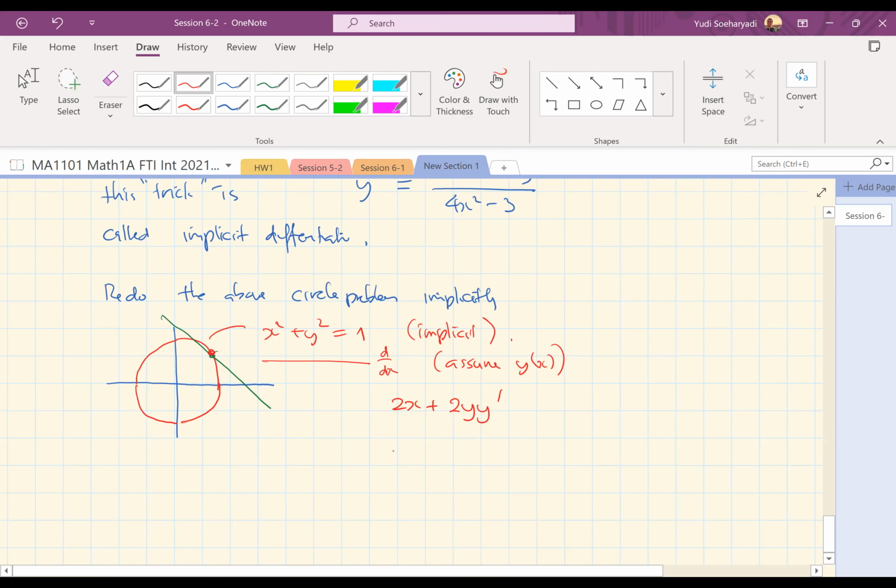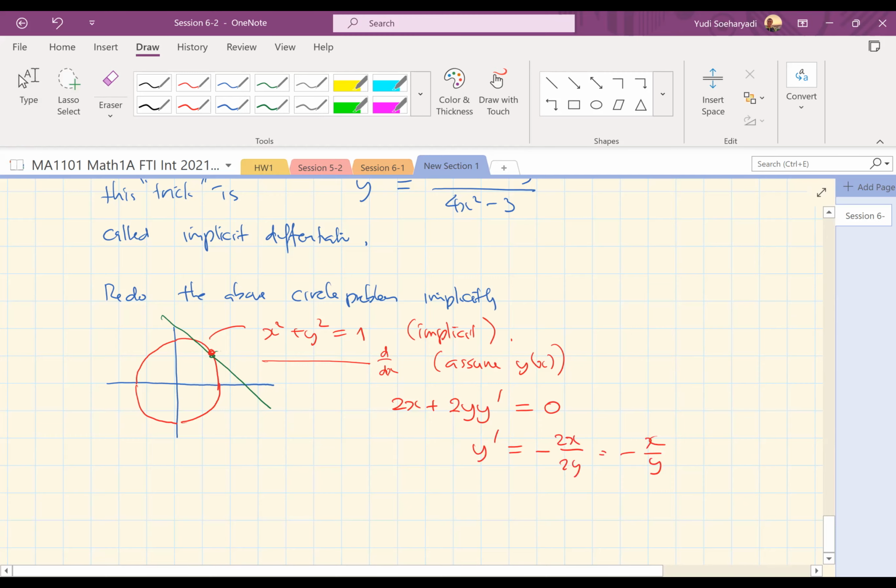Chain rule? Chain rule. This is the chain rule exactly. So you can compute this. y prime is just negative 2x divided by 2y.